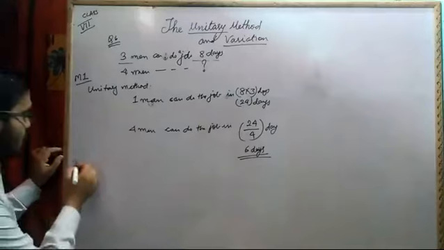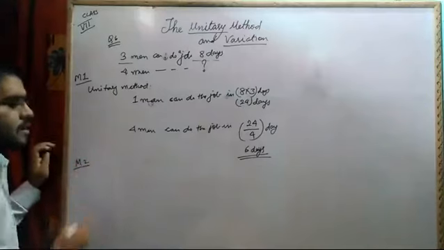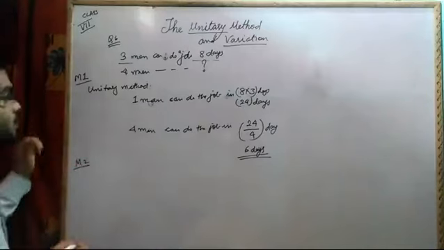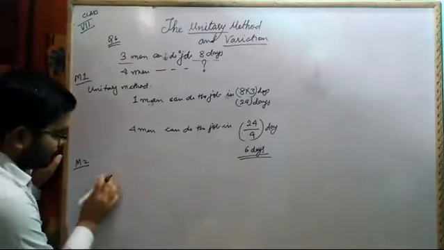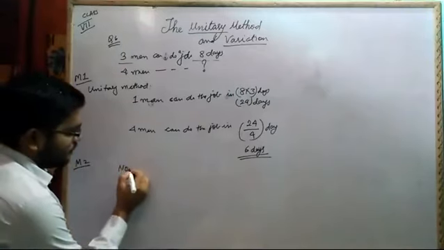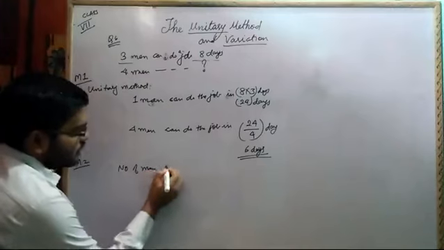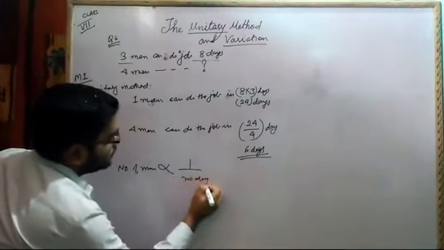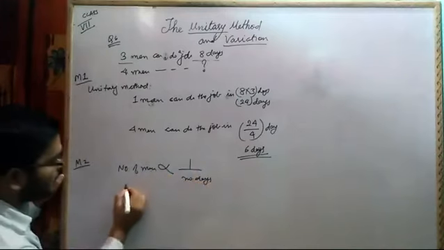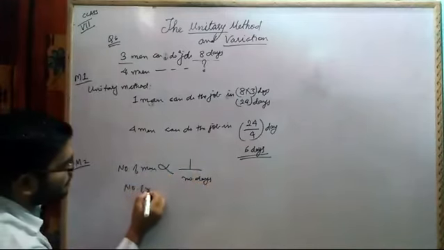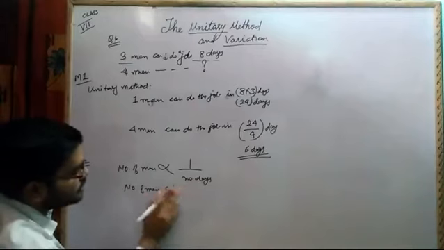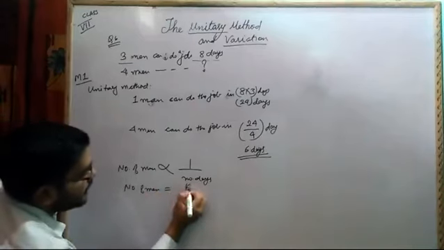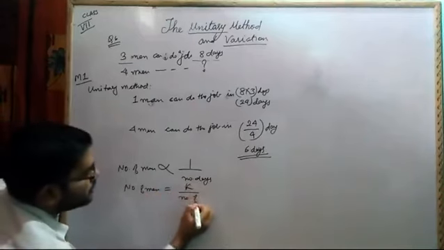This was method 1. Now method 2 says that, what was that method? Proportional relation. Okay. So here number of men is inversely proportional to number of days. To remove this proportionality, I will be writing number of men is equal to K upon number of days.